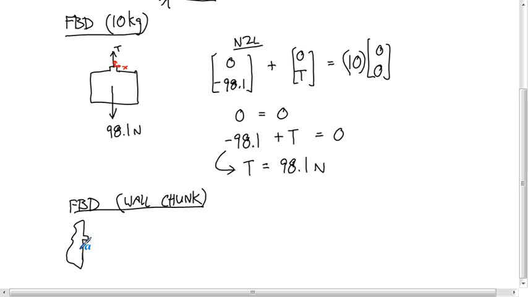So what forces are applied to the wall chunk? The first one is gravity. We don't know how much gravity there is, but there's some, because we don't know the mass of that piece. And then where is the outside world touching this chunk? The cable, yep. So that force is going this way. And now we know the magnitude of that force because we calculated it.